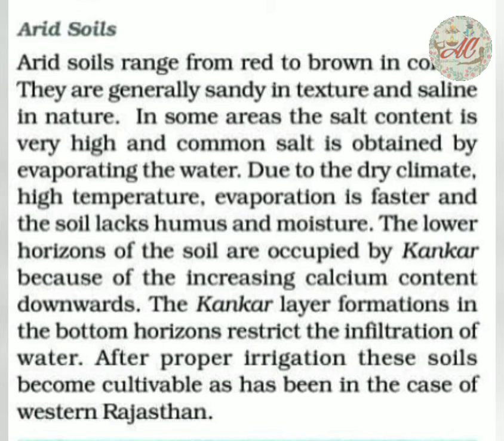The lower horizons of the soils are occupied by kanker because of the increasing calcium content downwards. The kanker layer formation in the bottom horizons restricts the infiltration of water. After proper irrigation, these soils become cultivable, as has been the case in western Rajasthan.